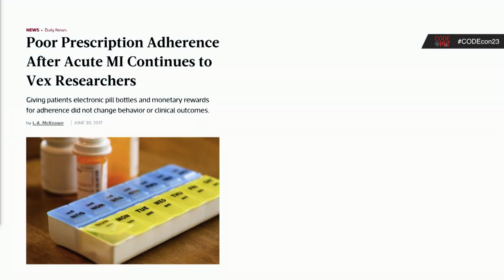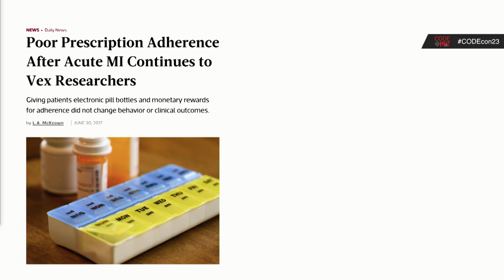This was a very similar structure for heart attack patients. They needed to take their medication, and this intervention was designed to help them adhere by giving them electronic pill bottles. This would track whether or not they opened their pill bottles and took their medications every day. And if they didn't, again, someone on the platform would reach out and call them.